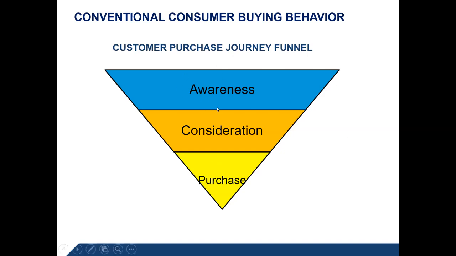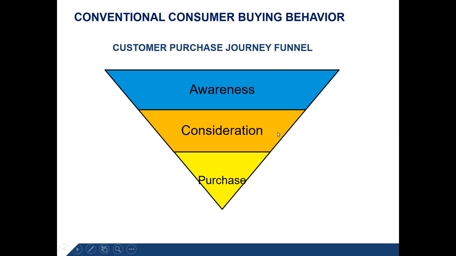Now, for those who are targeted by advertising in the awareness phase, who respond to advertising most importantly, and start searching for the information, those consumers trickle down to the next stage, which we call the consideration stage, where they are searching for information, where they are evaluating the alternatives, as we saw on the previous slide.